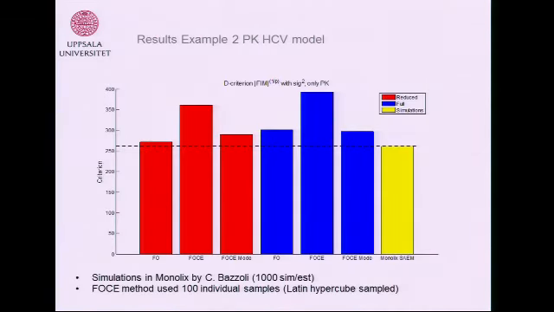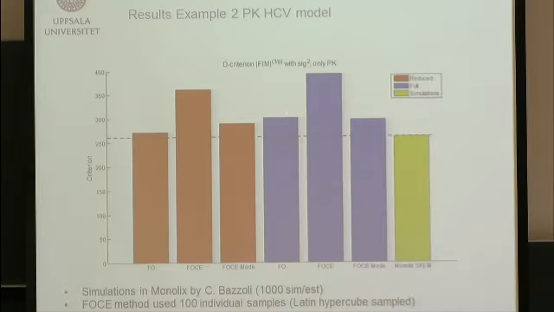If we then compare the different approximations, and we had the simulations here, so basically the truth, and we can look at the FO reduced and FO full, and it's a bit different. And here we actually look at the D criterion, so the determinant of the Fisher information matrix to the power of 1 divided by the number of parameters. And we see the old FOC method performs quite bad again with the reduced and the full Fisher information matrix.